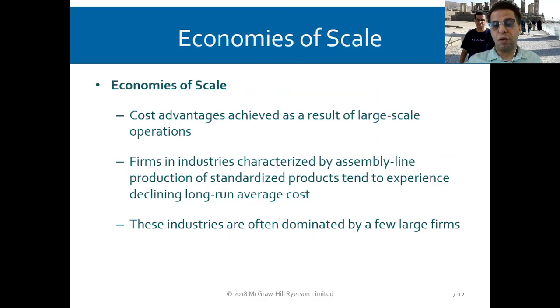Now we have what you call the economies of scale. It's a cost advantage achieved as a result of a larger scale of operation. The more you produce, the lower is your cost. So that's what economies of scale is. Firms in an industry characterized by assembly line production of standardized products tend to experience declining long run average cost because it's a standardized product and an assembly line.